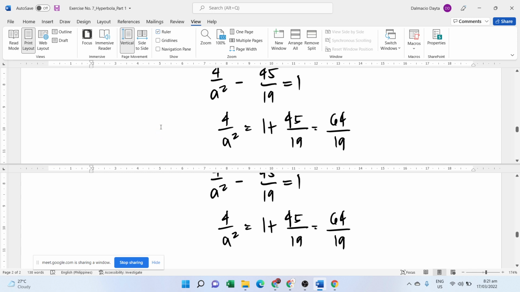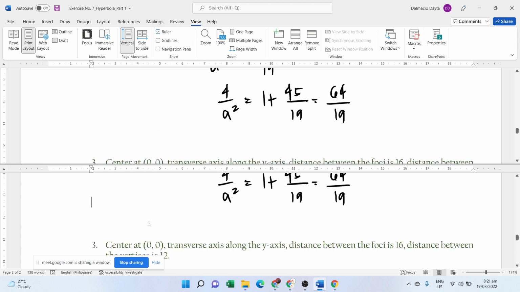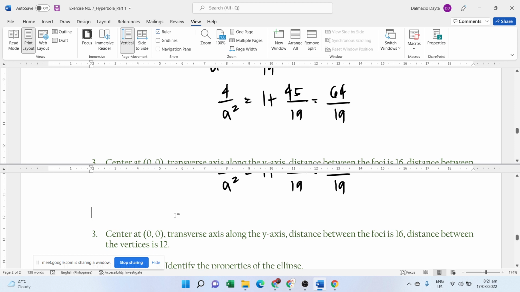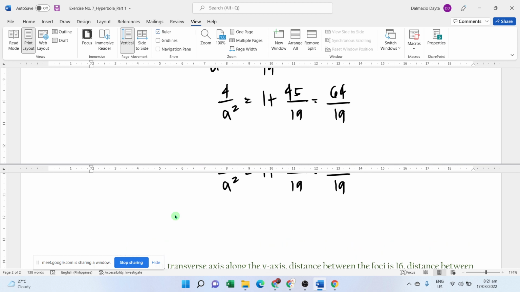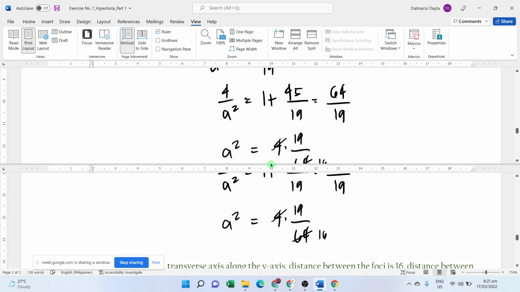Now we can solve for a squared. a squared is equal to 4 divided by 64 over 19, and that is 4 times 19 over 64. From here, 4 over 64 is 1 over 16. Then we have the value for a squared.